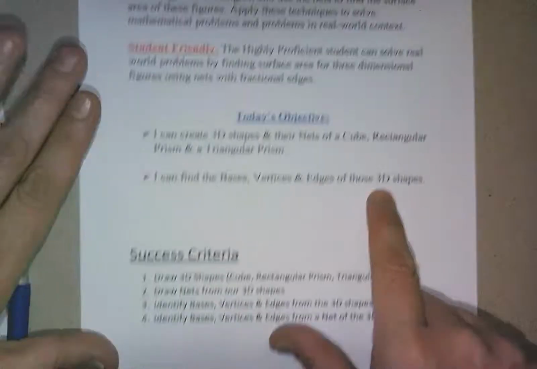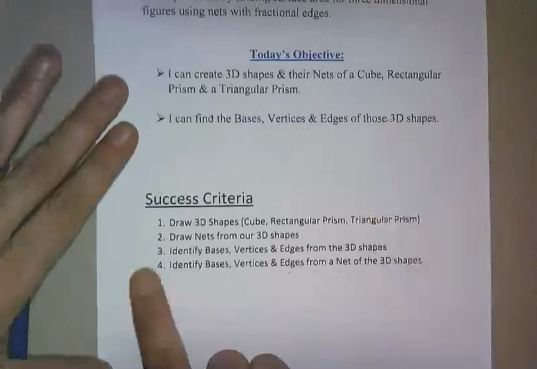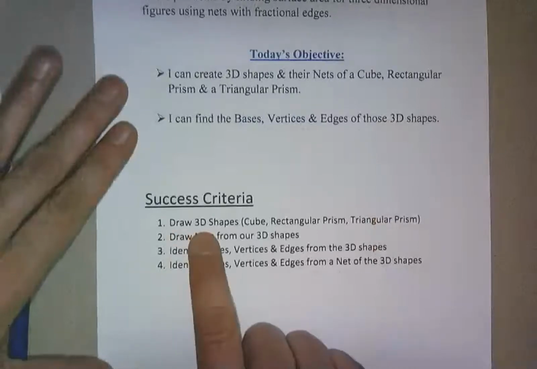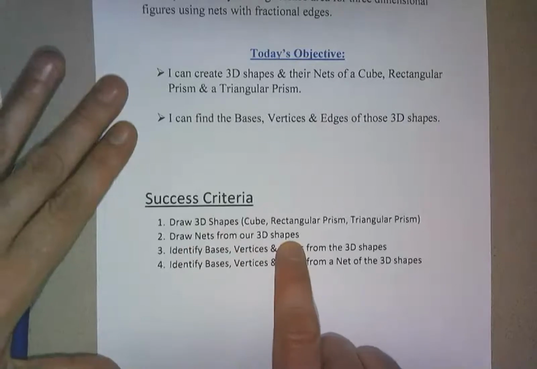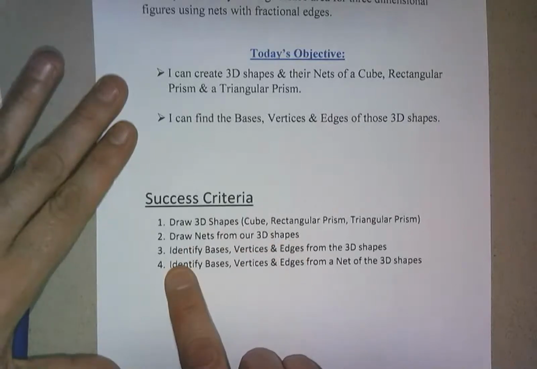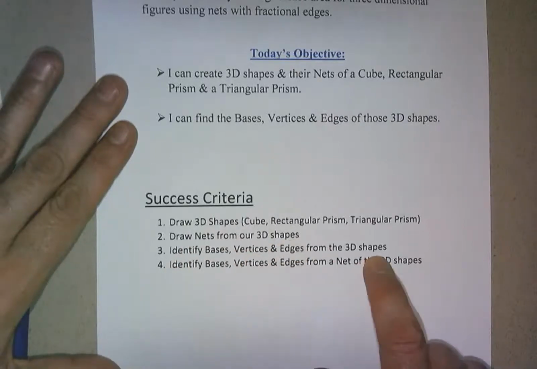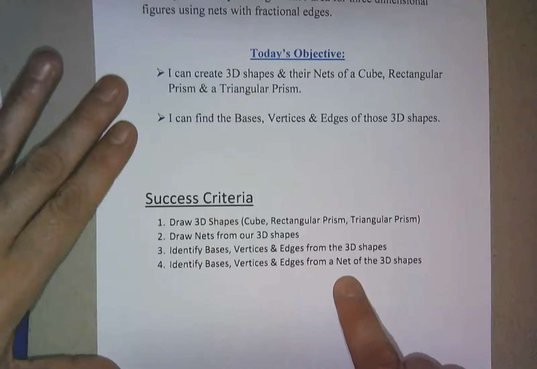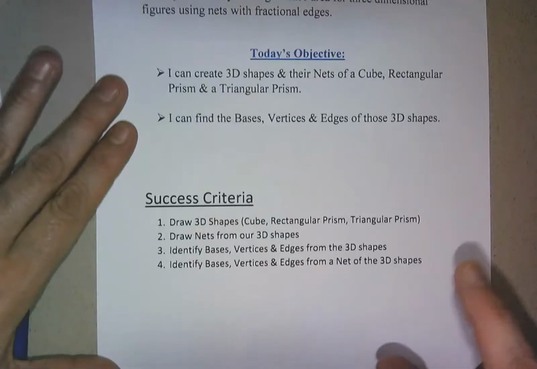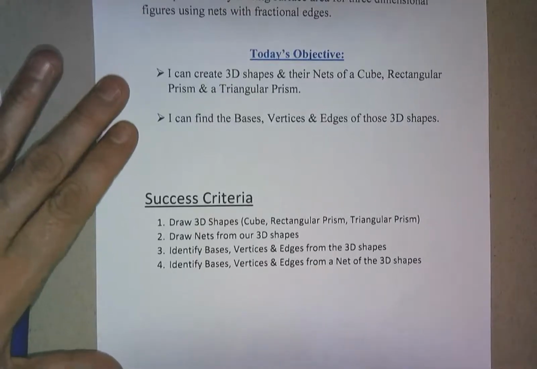And were we able to follow our success criteria? Did we draw 3D shapes? Yes, we did. Did we draw the nets from our 3D shapes? Yes, we did. Did we identify the bases, the vertices, and edges from 3D shapes? Yes. And the last part, did we find bases, vertices, and edges from a net of the 3D shapes? Yes, we did. And so that is our lesson today.